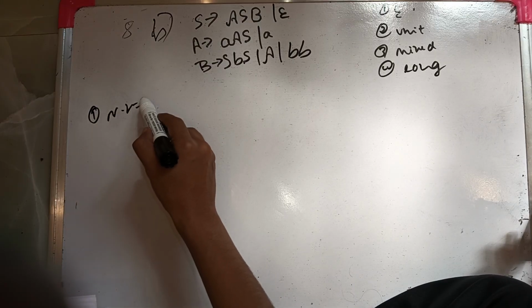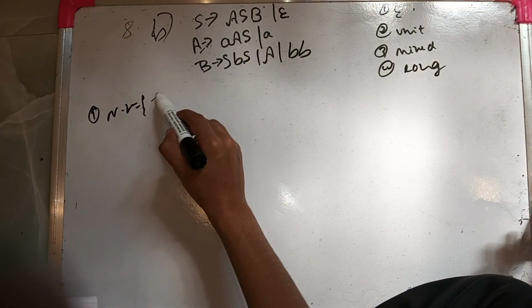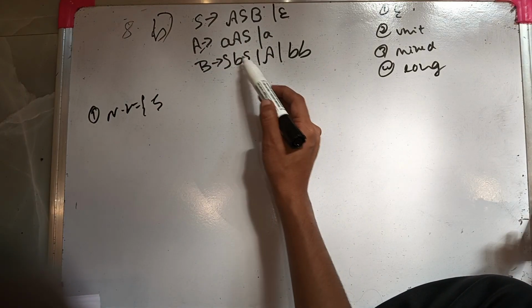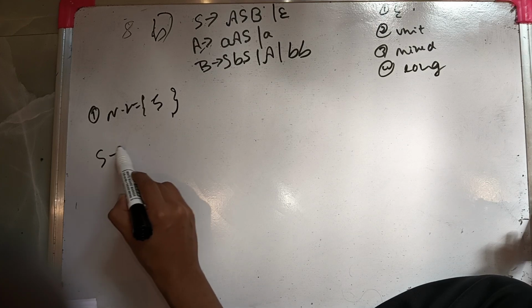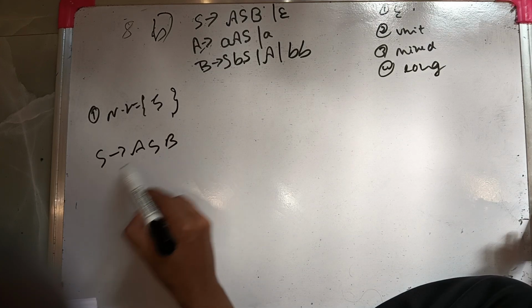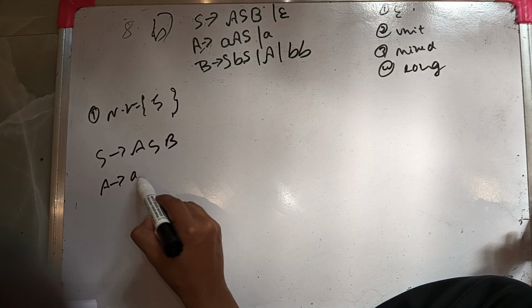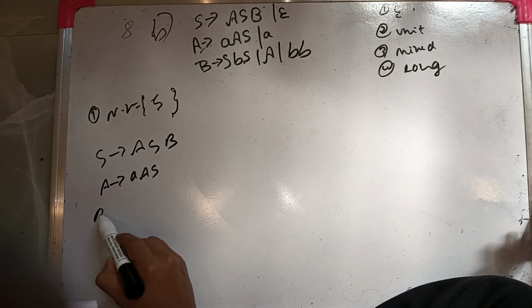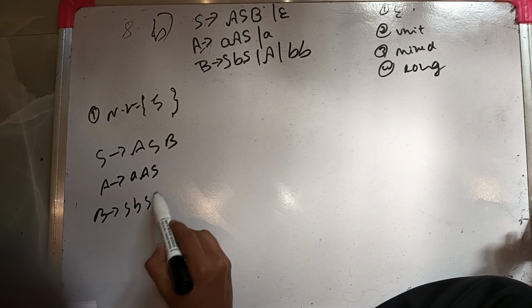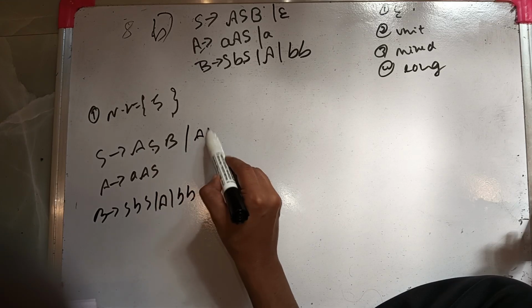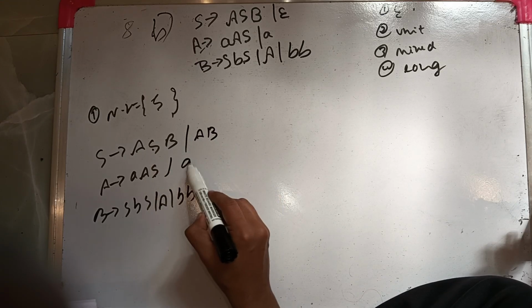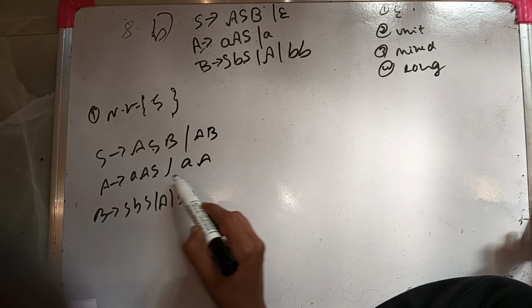So null variable is S gives null, and if we substitute here remains, so S only is the null variable. S gives ASB, and first write as it is, ASB gives SBS, ABB. After that substitute epsilon, remaining is AB, substitute epsilon, remaining is AA.